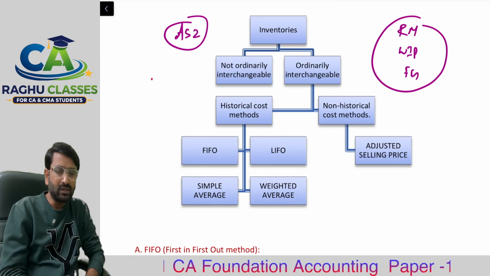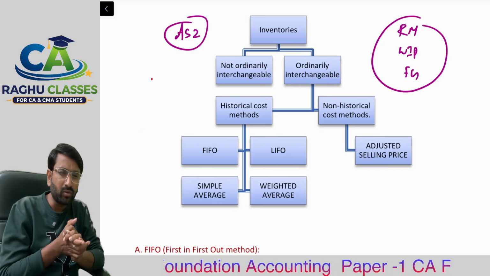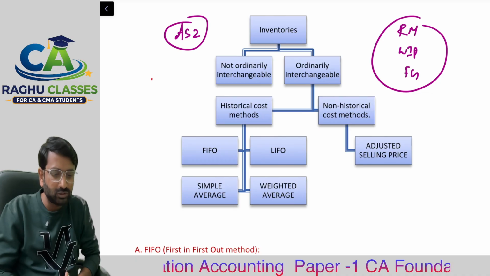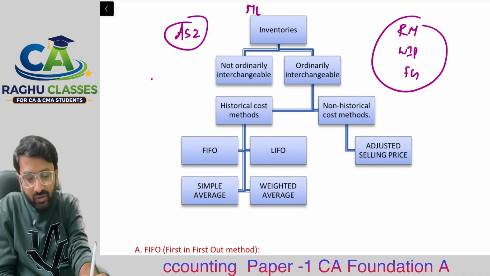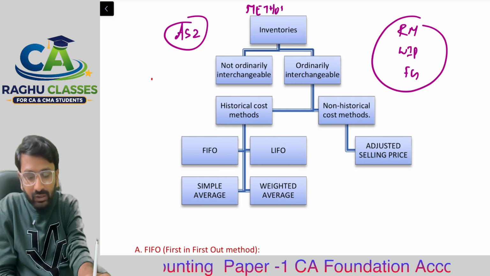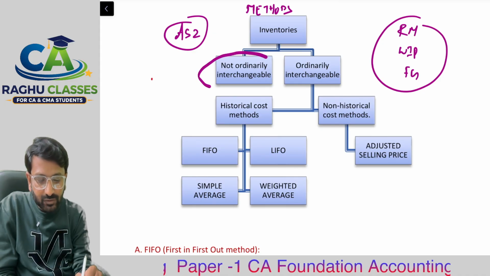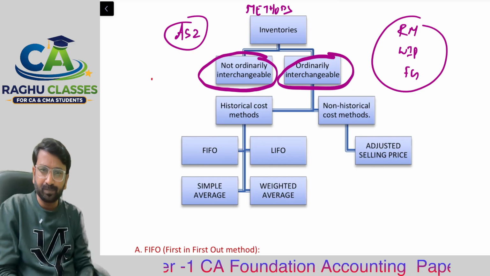Now, this entire chapter will be discussing some three or four important topics. So, without wasting much time, we'll directly get into the important topics from the examination point of view. First, methods of inventory valuation. How do you value inventory? For this purpose, inventories are classified into two types: not interchangeable and interchangeable.